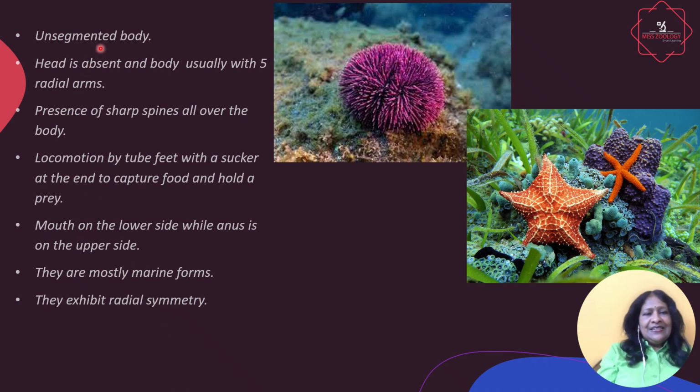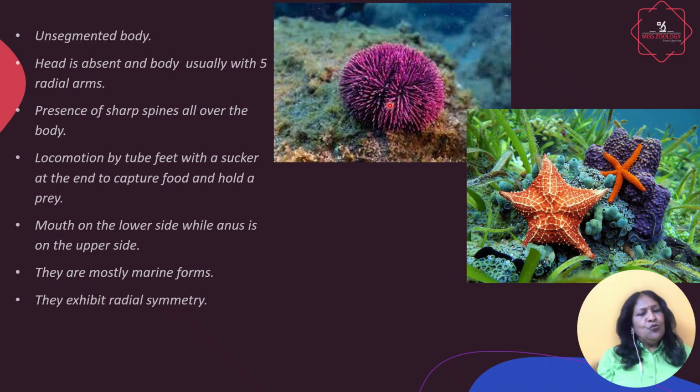What is critical and peculiar about them is that the head is absent and the body usually has 5 radial arms, called pentamerous. You see that in starfish, which is very clearly shown. Presence of sharp spines all over the body is an important feature of this phylum.